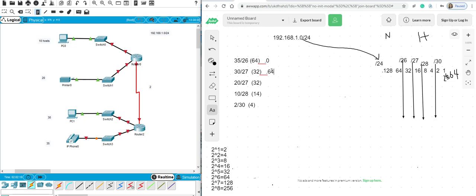So to figure out the next network number, 64 plus 32 is 96. Okay.